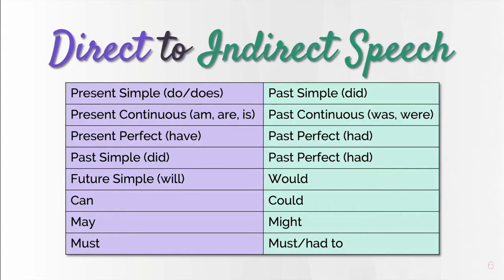The past simple, did, changes to the past perfect, had. The future simple, will, changes to would. Can changes to could. May changes to might. Must, you can have must or had to, it is your choice.